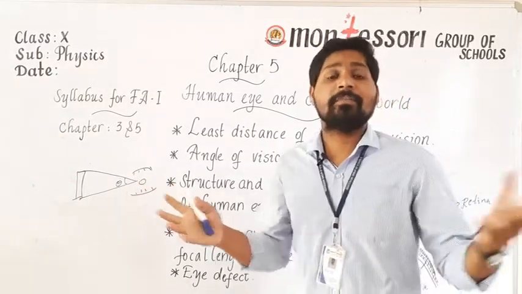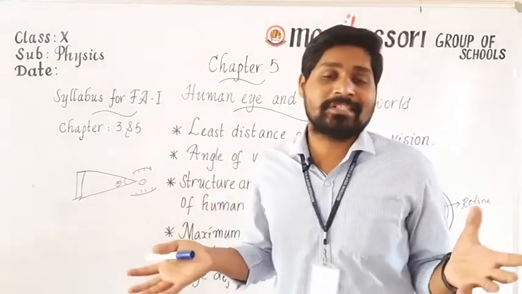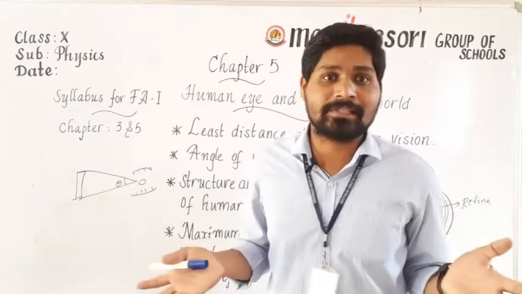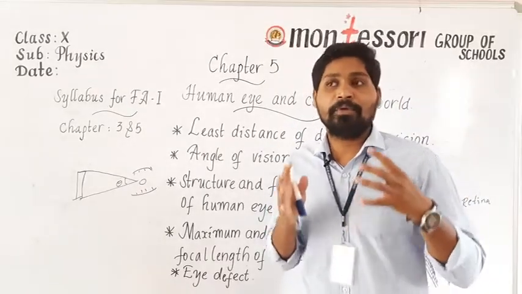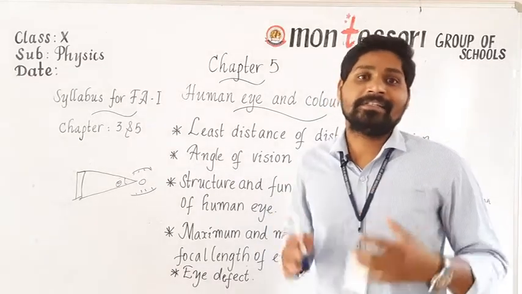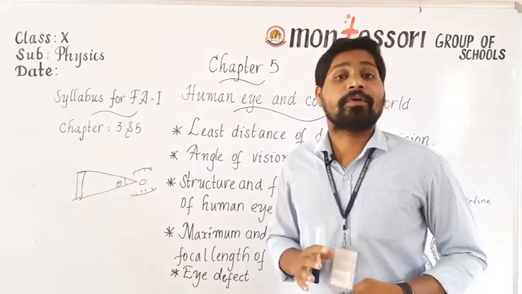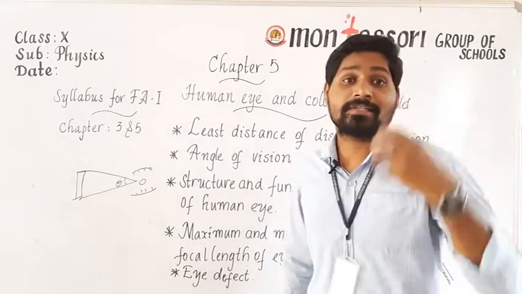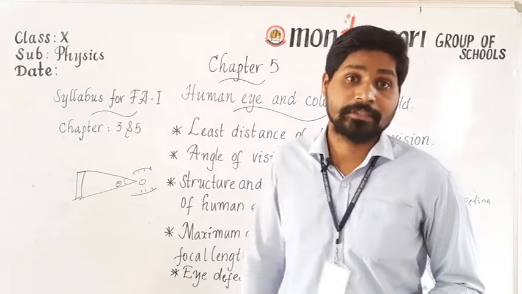Can you see the beautiful world, or the things around us, without our eyes? Definitely not. To see the beauty of the world, different colors and things comfortably, the eyes are required.